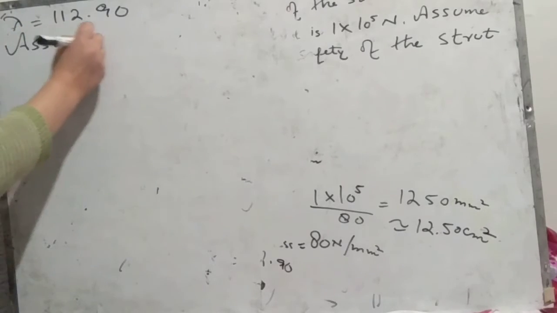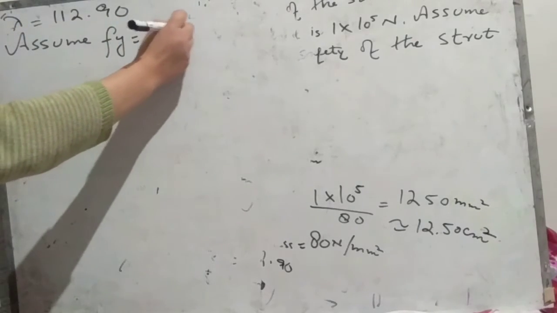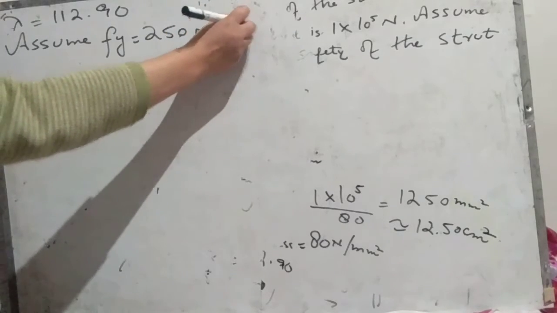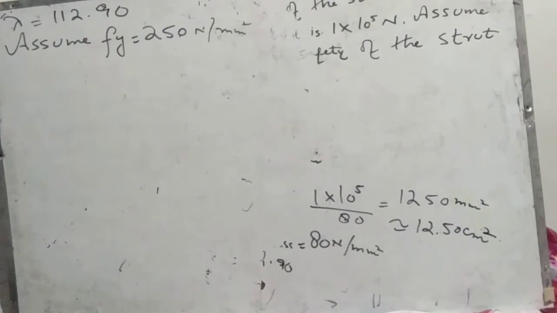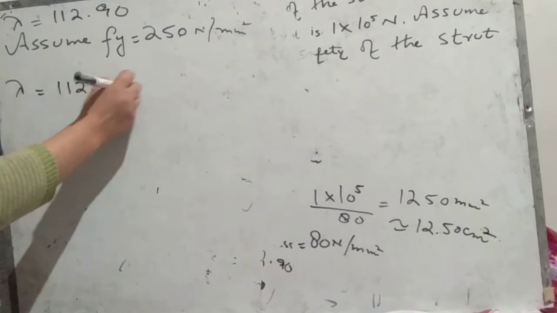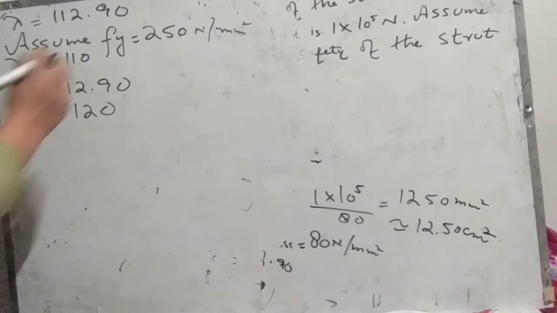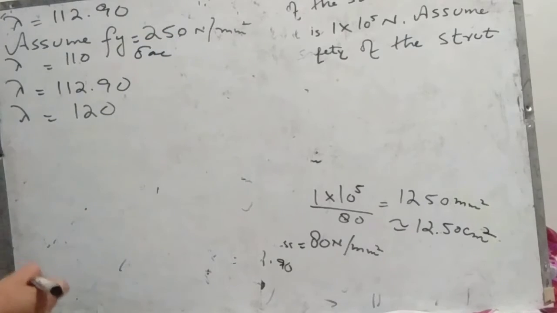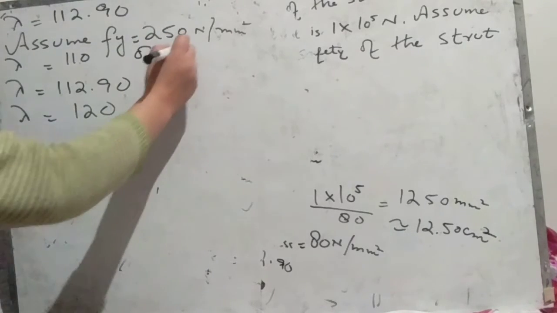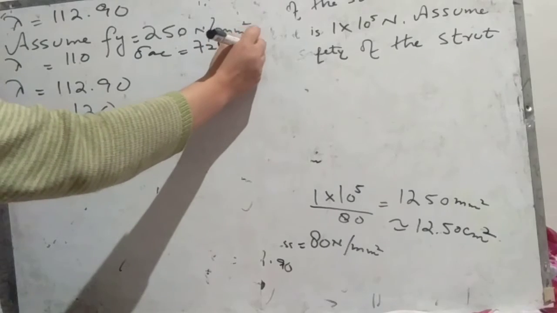You can assume steel as 250 Newton per mm square, right? Now for determining the permissible compressive stress, you have to refer to IS 800, that's the code of practice for steel structures design. Here lambda is 112.90. It lies between 110 and 120. When your lambda is 110, your sigma_ac, compressive stress, is equal to 72 Newton per mm square.